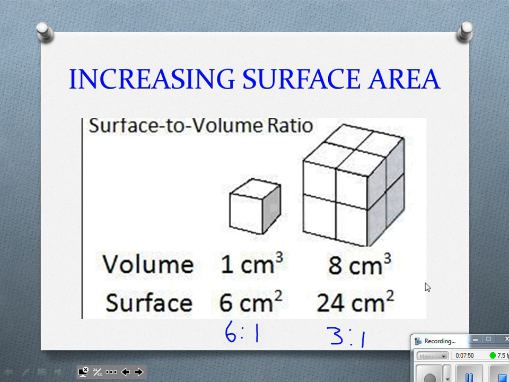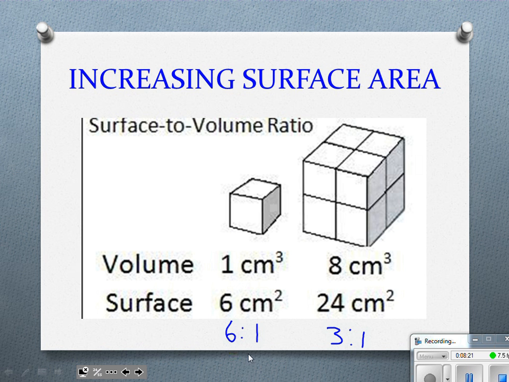So which has the better surface to volume ratio? Which one has a higher surface to volume? This one, right? 6 to 1 is higher than 3 to 1, right? Would we agree?